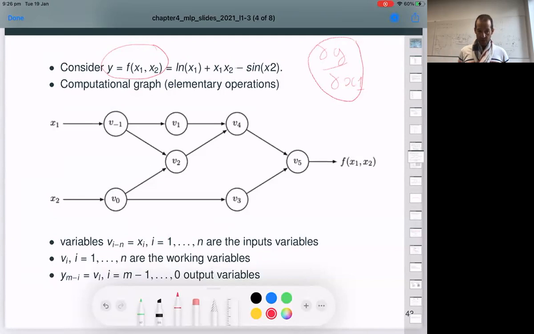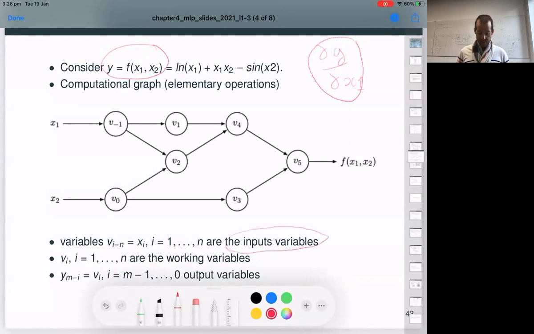So first, in this paper, they propose to build the computational graph, which is based on elementary operations. So you see this graph, and you will tell me what's the meaning of each V1 and so on. In this definition of the algorithm, v minus n is equal to xi as the input variable.